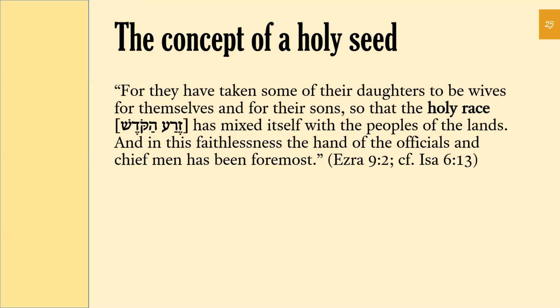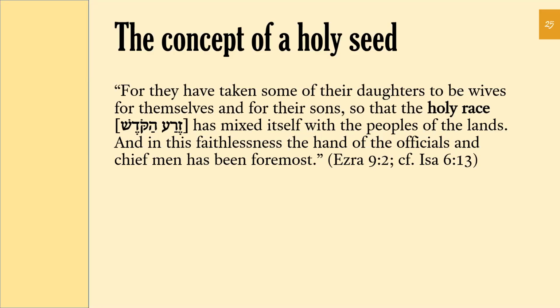Okay, but this idea of holy seed we also can find in Isaiah 6, chapter 13, when it speaks about the root of Jesse, and it says that this holy seed is still there, and because it's still there, they can have hope.